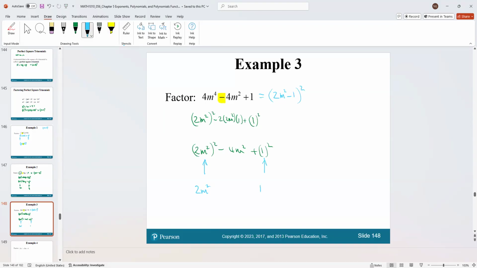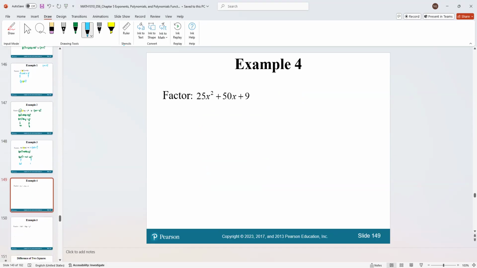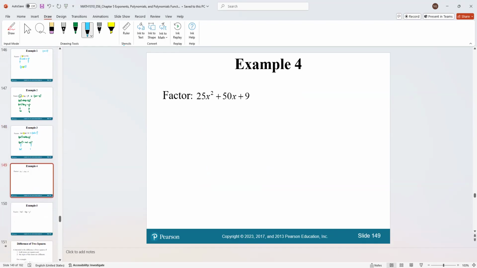All right. Something you should understand pretty well. We can continue with exercise 5. Right here again, what do you raise to power 2 to obtain 25x squared? I know 5x squared would give us 25x squared. What you raise to power 2 to obtain 9 is 3 squared. Now, remember, it's like AB.